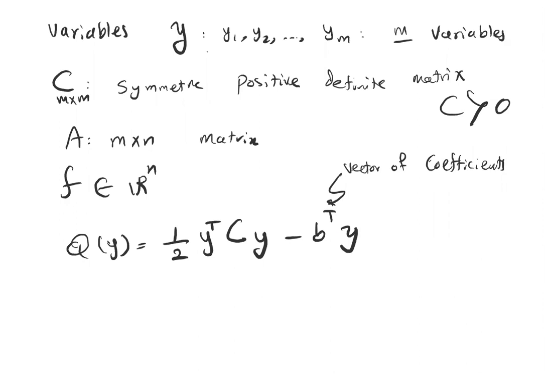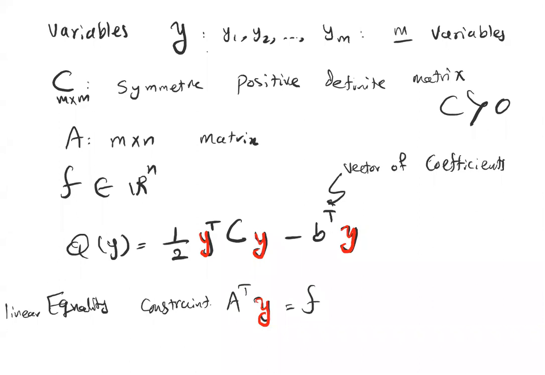So the only variables here are y's. Y's are our unknowns. And what is our equality constraint? It's A transpose y is equal to f. So again here, y is the only unknown or variable.